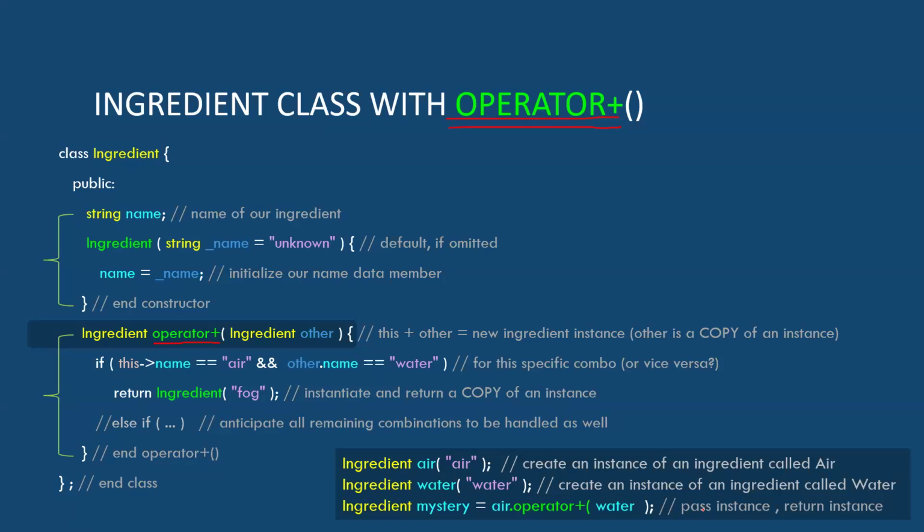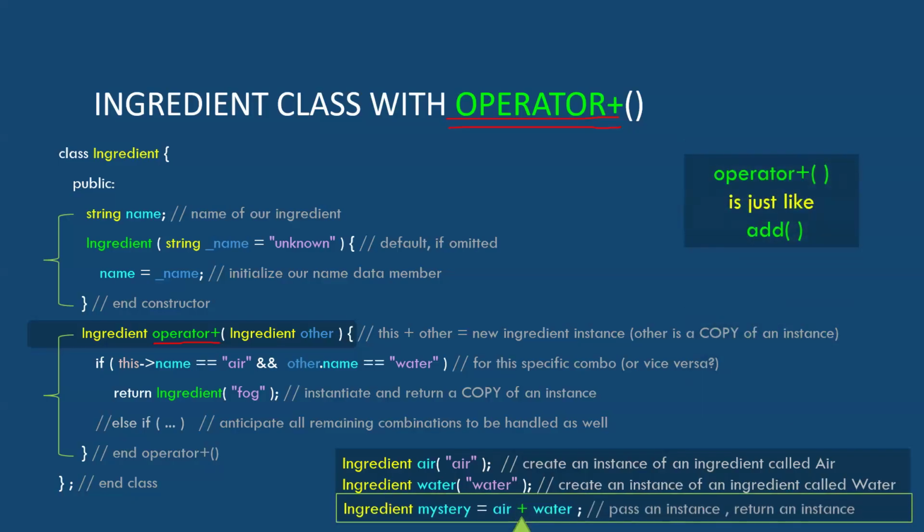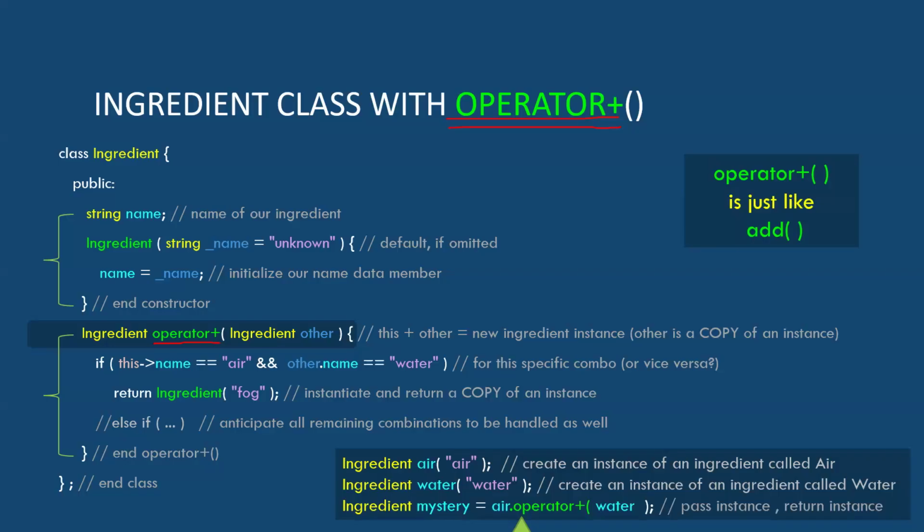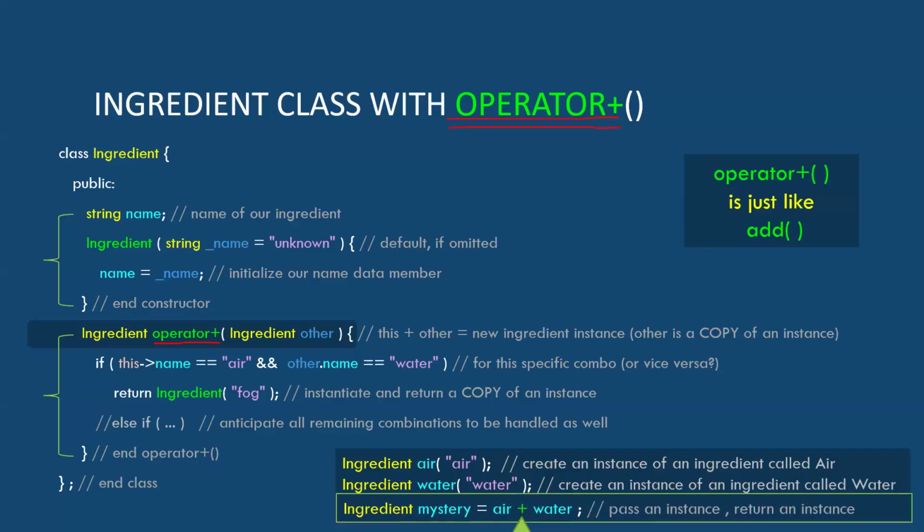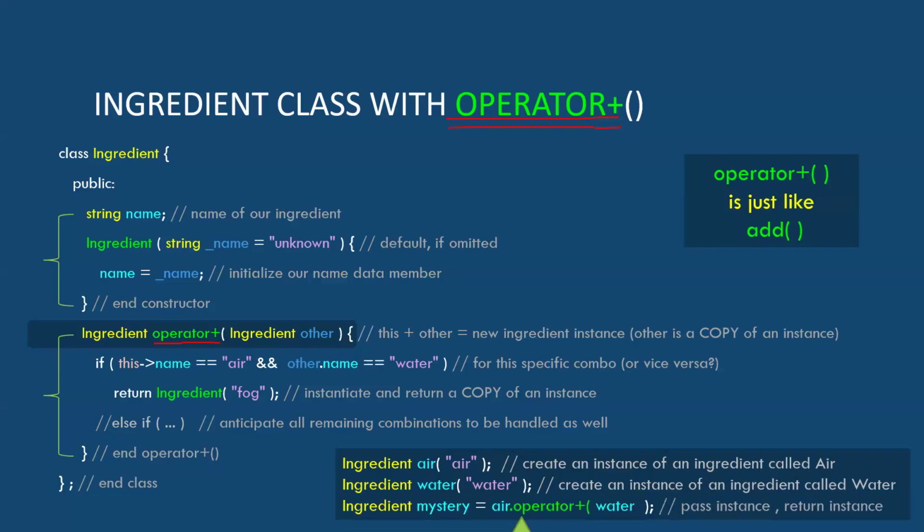So rather than calling it add, we just changed the name to this weird name called operator plus. But the fun part is that we can just go with plus, right? And now we are all set to go. What we're really doing there is passing in water as the second operand of the plus, and it goes into the operator plus method in that way, okay?